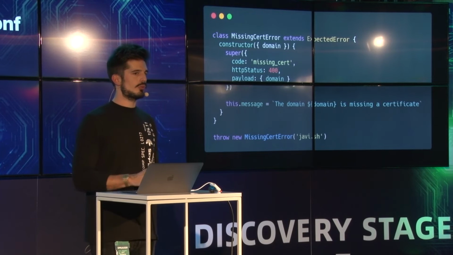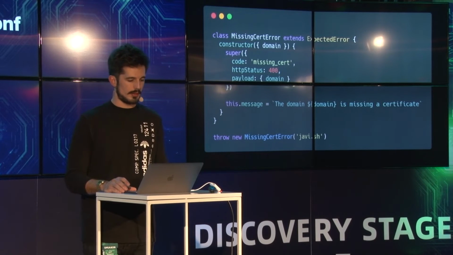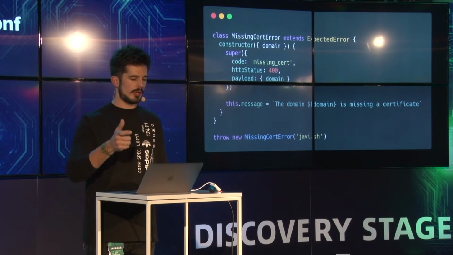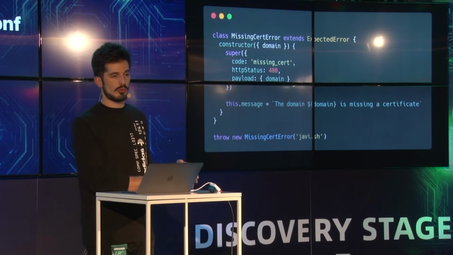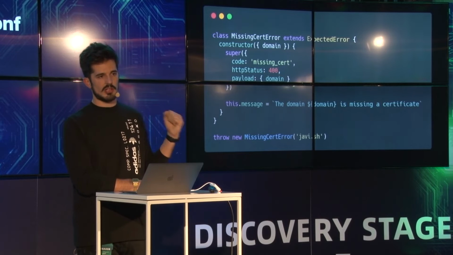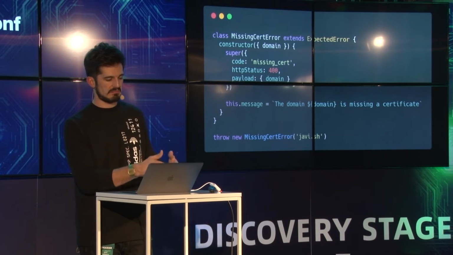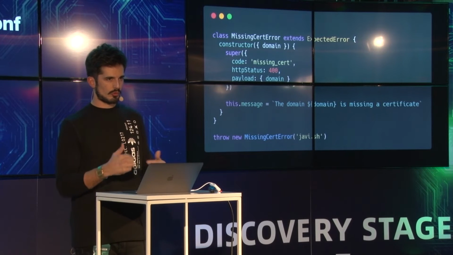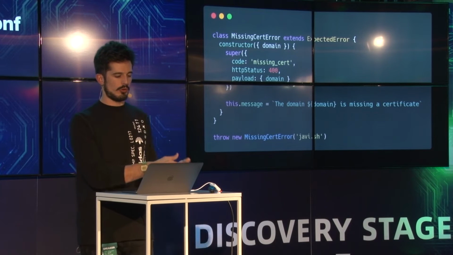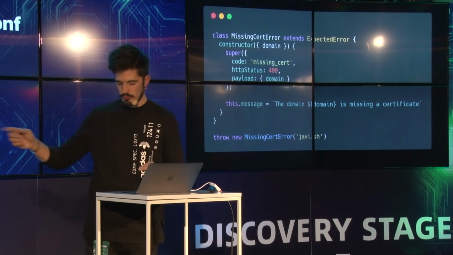And in the constructor, we are going to pass only a domain. Then it's going to call super, and it's going to say this error has the code misinsert, HTTP status 400, this specific payload, and a helper message. Then you consume that error by throwing a new MisinsertError. That should be an object, actually. It's fine.